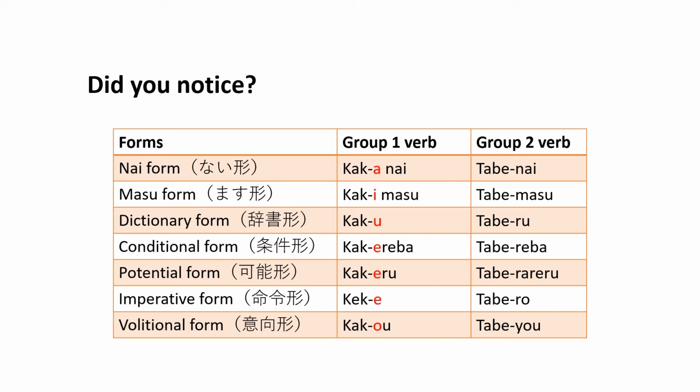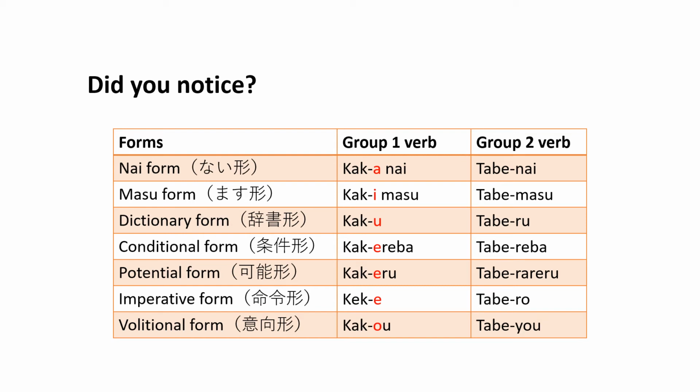And please look at group 1 verb and group 2 verbs here. If you look at group 1 verb in this order, you might notice something. 書かない、書きます、書く、書ければ、書ける、書け、書こう. Please look at vowels in red letters.